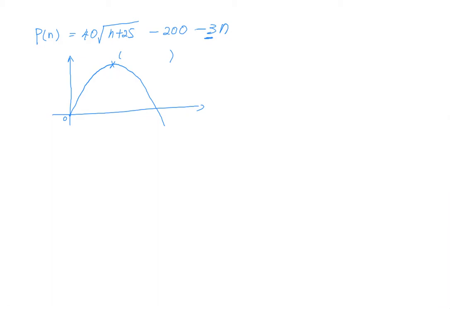Okay. I got 19.44 and this is 8.33. Do you get that? Now, whenever we have a question like that, we know that n is a whole number, am I right?